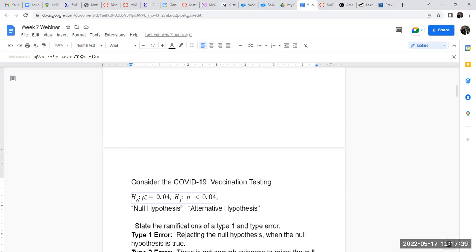They had 40,000 people, so N was 40,000, of which 20,000 got the COVID shot. The other 20,000 got what they thought was the COVID shot, but was actually a shot with nothing in it. And then they compared the two.